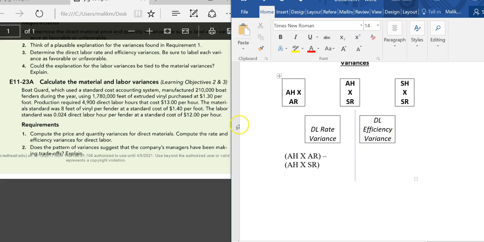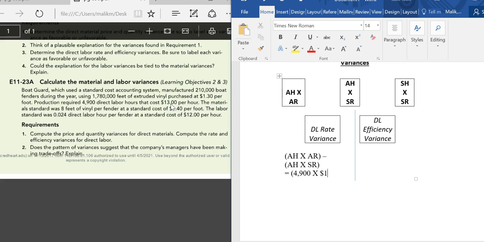Remember here, every information is given here, and it is also mentioned that they produced 210,000 boat fenders, and the actual hours they actually used is 4,900 direct labor hours. So this is our actual hour. We are using 4,900 times the actual rate, and the actual rate is given here that the direct labor cost is $13 per hour.